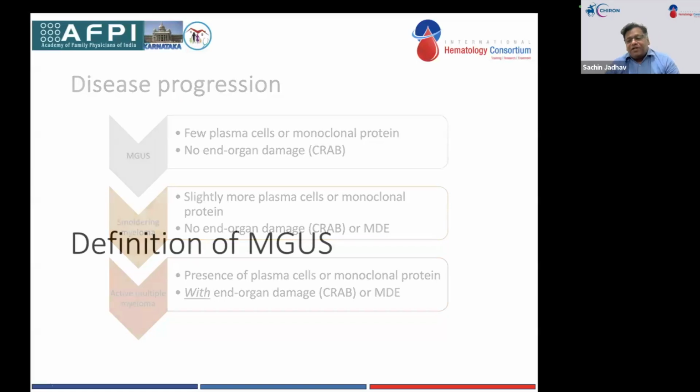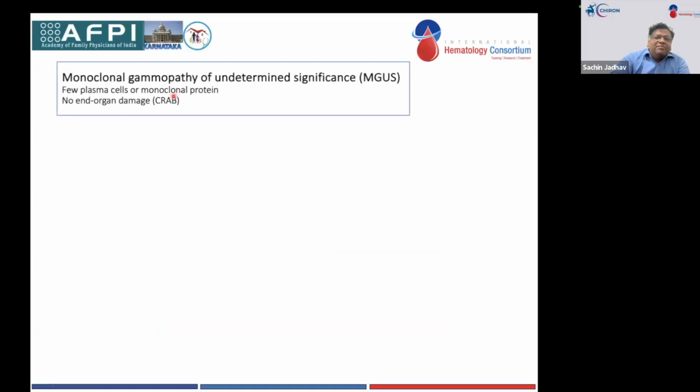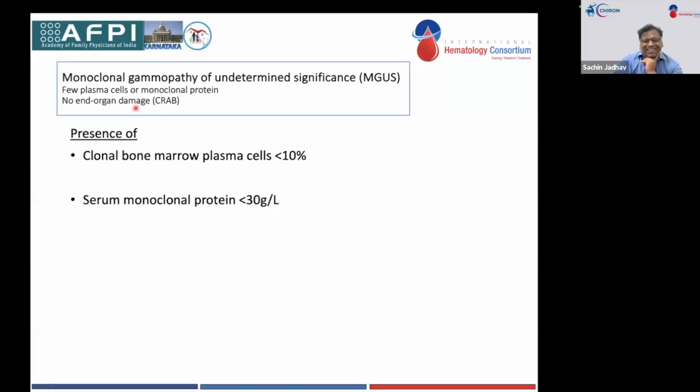So let us see how we actually differentiate these three. It's actually not difficult. MGUS, monoclonal gammopathy, means this monoclonal gamma globulin is there in the blood, but it's of undetermined significance. Like I said, there are few plasma cells, or there is a small monoclonal protein in electrophoresis. No CRAB, no end organ damage, which means you have plasma cells in the marrow less than 10%.